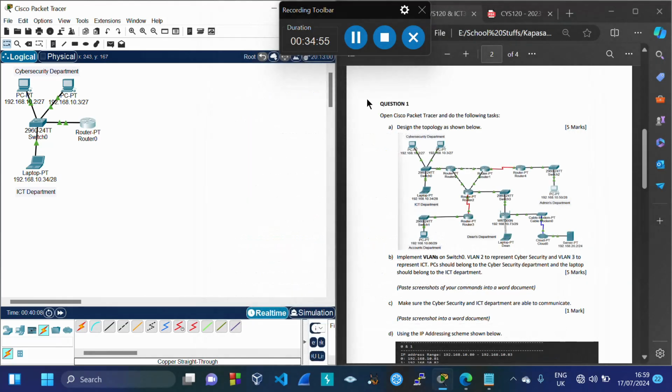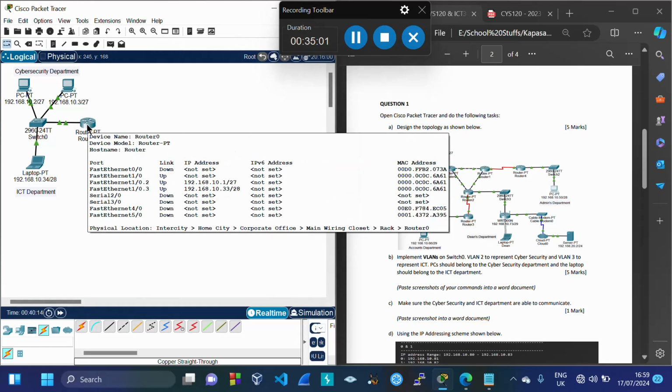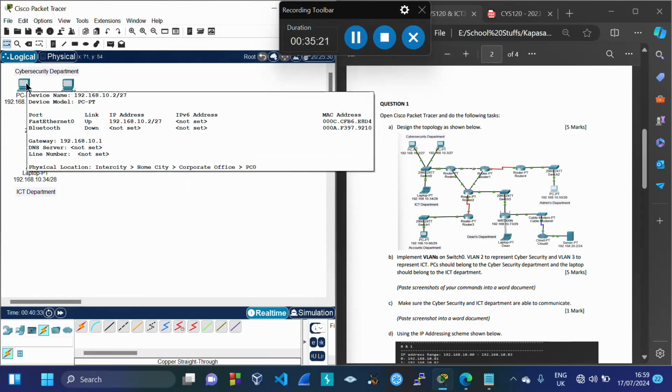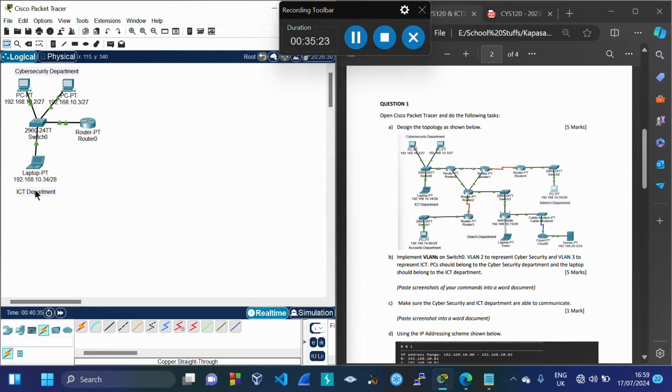To check if the default gateways on the sub interfaces have been inserted, you can put a cursor, then under FastEthernet 1/0 we now have 1/0.2 and 1/0.3, which represent the sub interfaces of the main interface, and they have default gateways of those particular departments. Now it means that this device from cybersecurity can communicate with the ICT department.